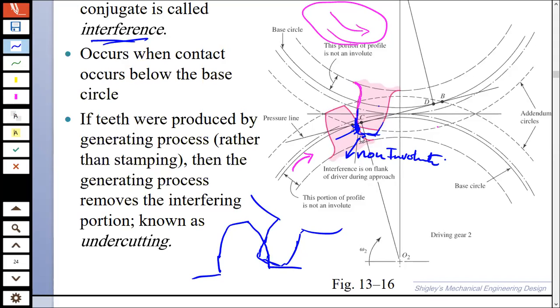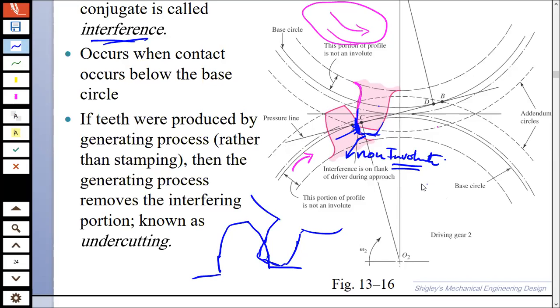Right? So it will disturb the constant angular velocity ratio. Basically, this is not rolling over it, it is rather pushing into the tooth over here. There are ways where we can get rid of this.